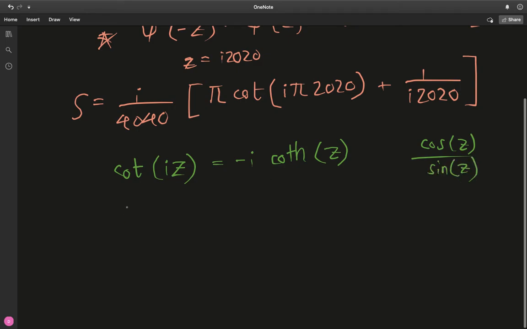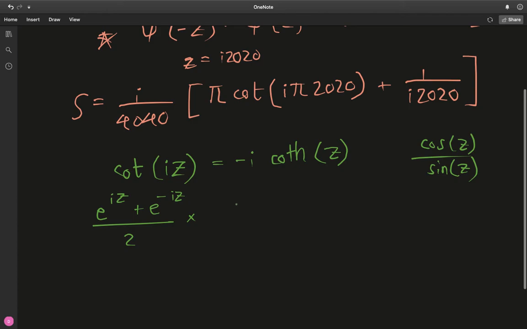Expressing the cosine in terms of its exponential definition, that's going to be e raised to iz plus e raised to negative iz, divided by 2, and when you divide by sine, it's basically multiplying by 1 over sine.